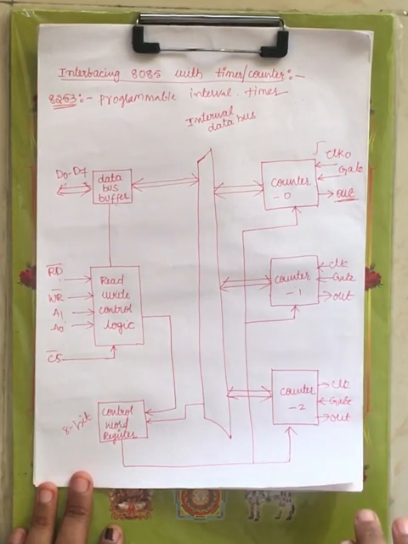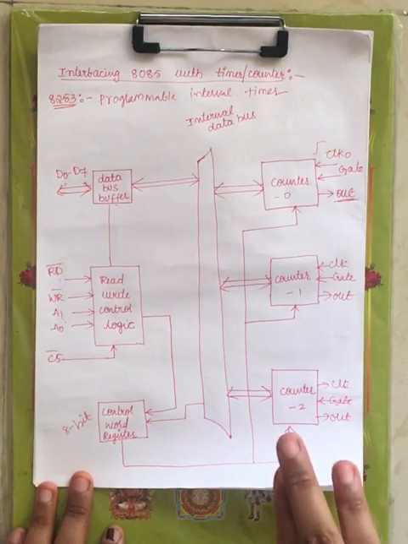Now for all these 3 counters you have 3 pins. What are those? Clock, gate and out. The clock signal is provided at the clock pin, next you have gate, which is an input pin, and next you have out, through which you collect the output of a particular counter. These 3 are the same for all the counters.